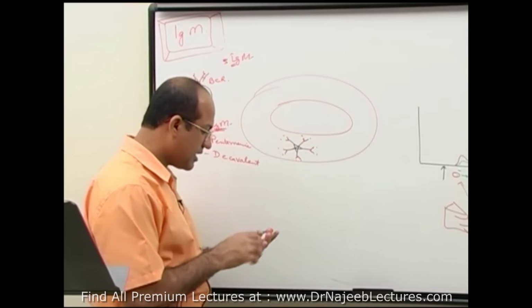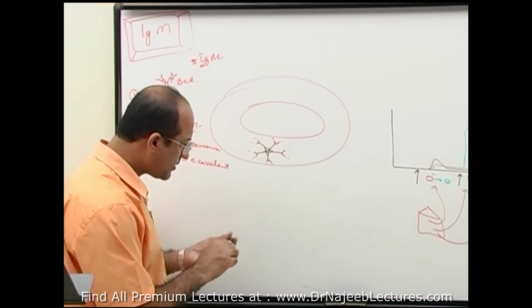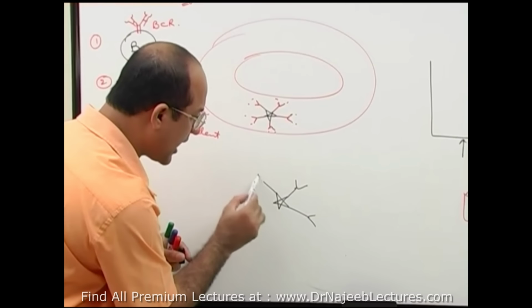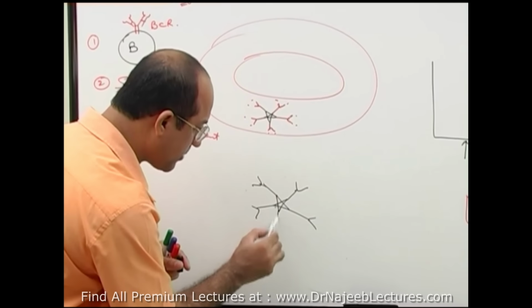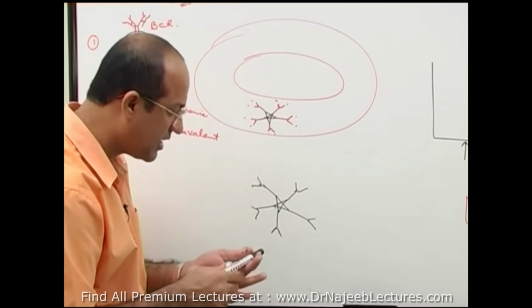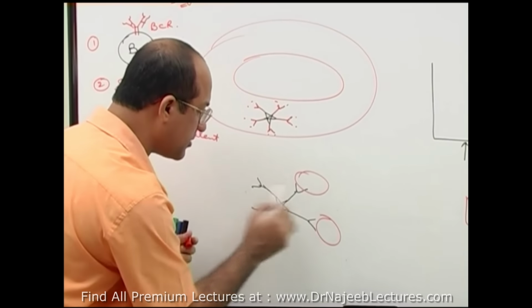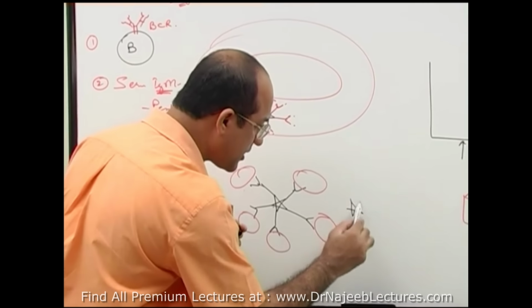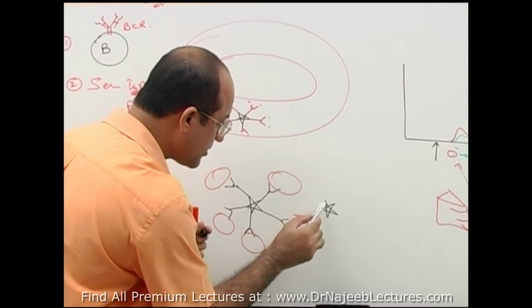Now imagine, let's suppose this is IgM against the antigens on RBCs. If this is an IgM pentamer against the antigen on RBCs, it will react with one RBC or multiple RBCs, and one RBC may be reacting with multiple pentamers.